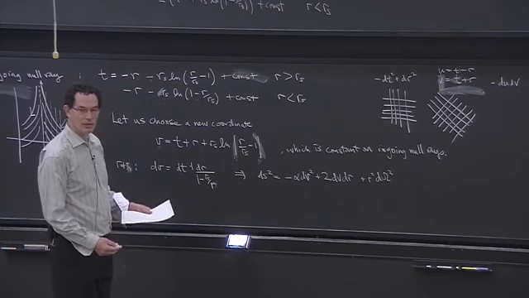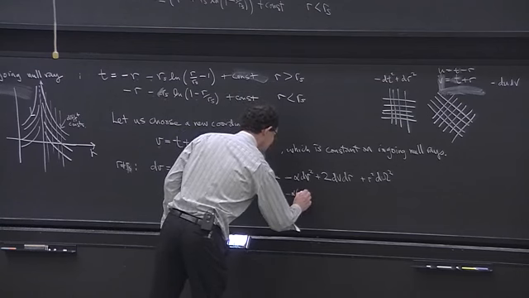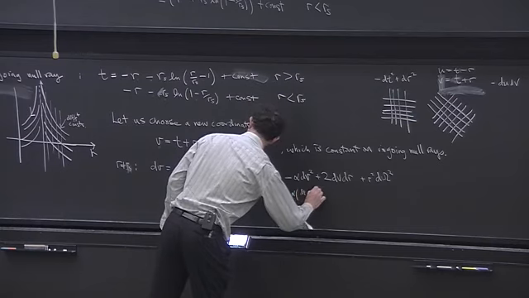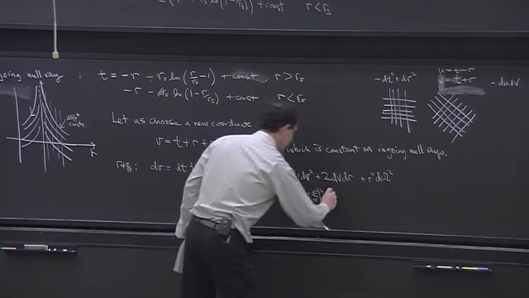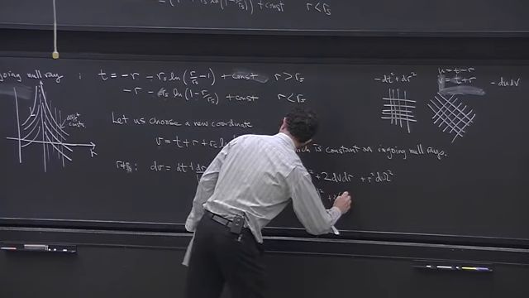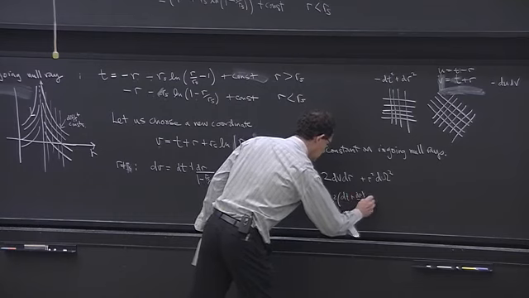It's not totally obvious to me standing here, but let's just check it. So minus alpha times (dt plus dr over alpha) squared, plus 2 times (dt plus dr over alpha) times dr.